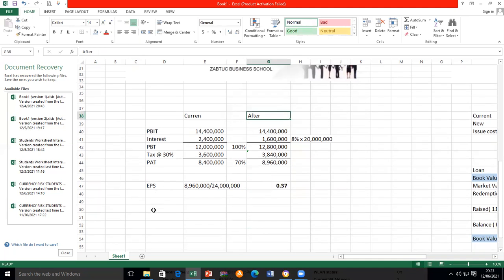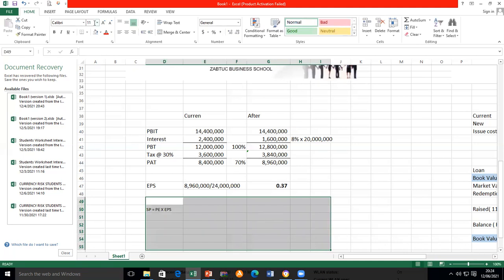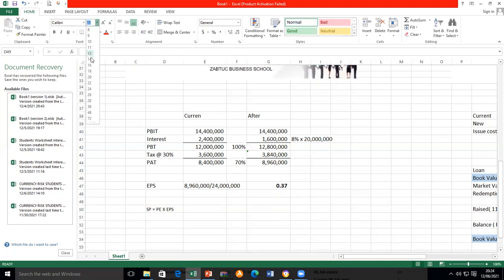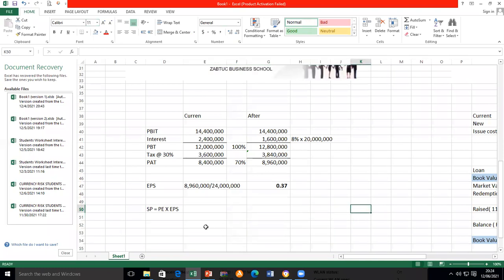Finally, now, back to our valuation. Share price equals PE multiplied by EPS. Then I can explain a little bit more what we have gone through. So the PE, they say it won't change.